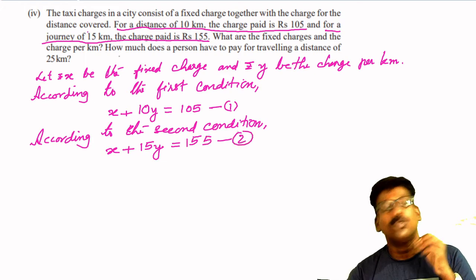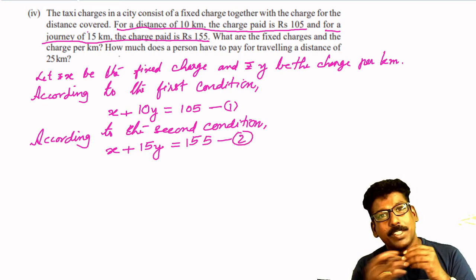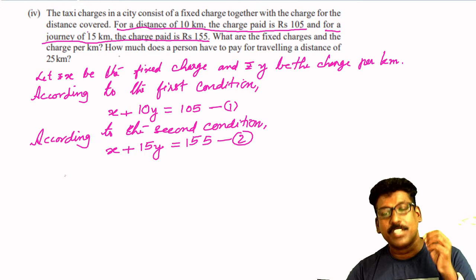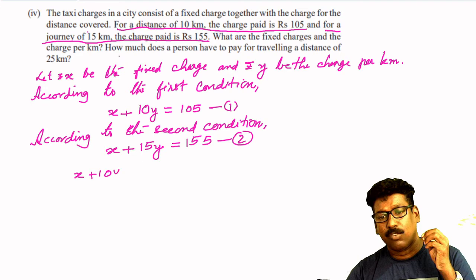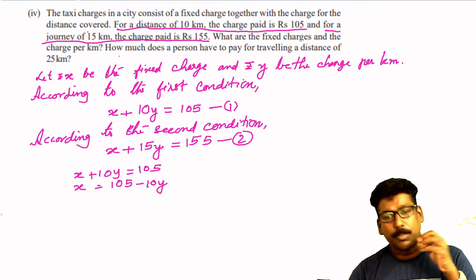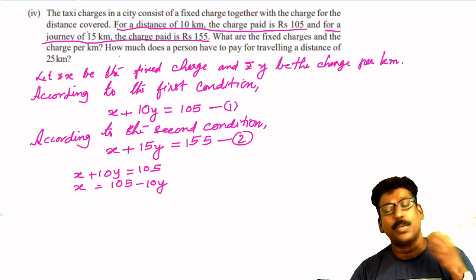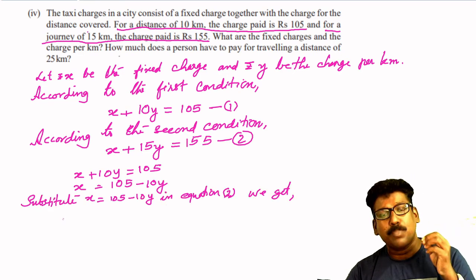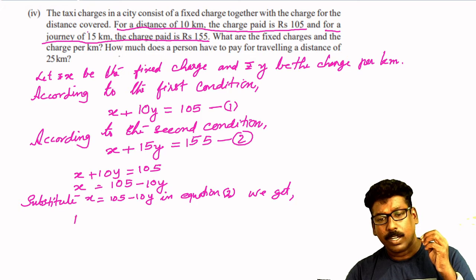Now you got two equations. Do solve yourself. The first equation is x plus 10y is equal to 105. From this x you can write it as 105 minus 10y.